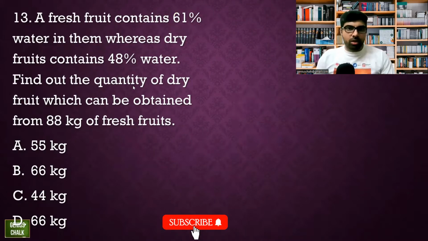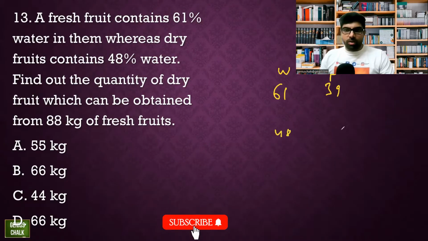So ratio-wise 61%, a little difficult, like 61%, and this is 39. This is water, this is pulp, and 48% water, that means 52% pulp in dry, right? So this pulp has to be the same.